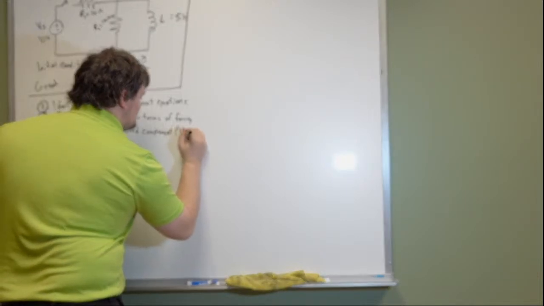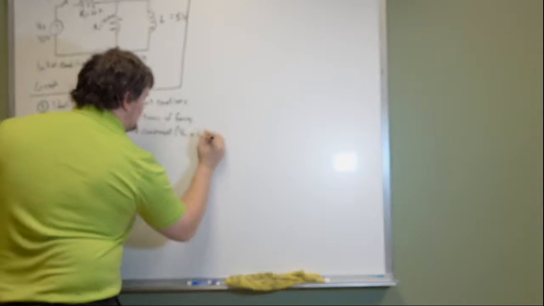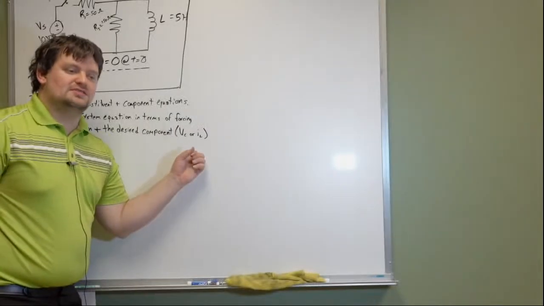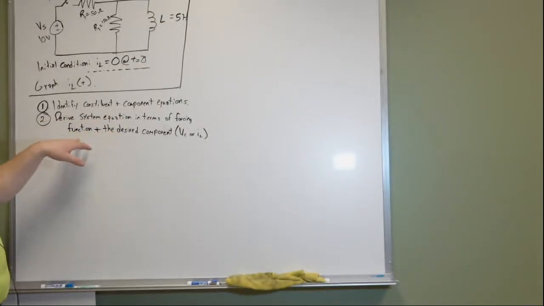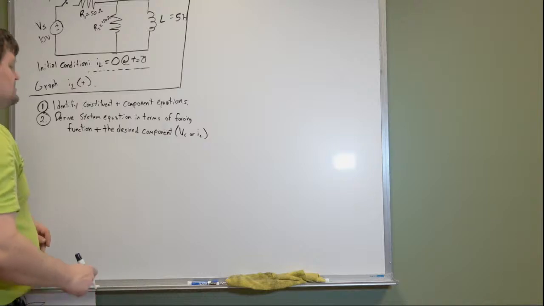And here that's either going to be Vc or IL. Do not solve for anything other than Vc or IL. That is step 2. Derive the system equation in terms of the forcing function and the desired component.